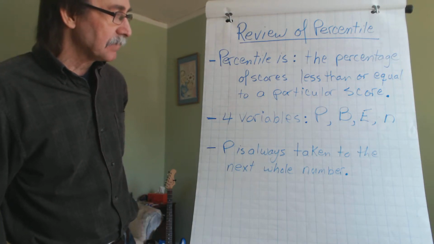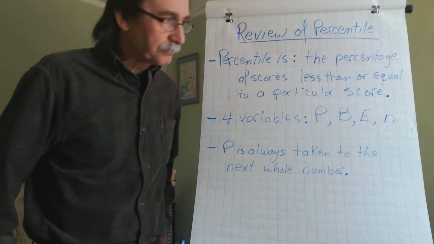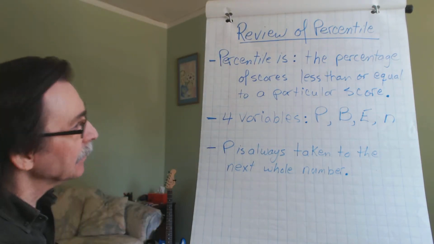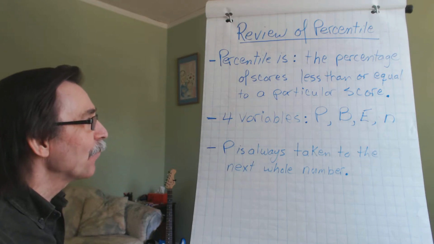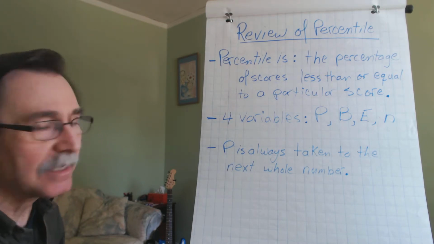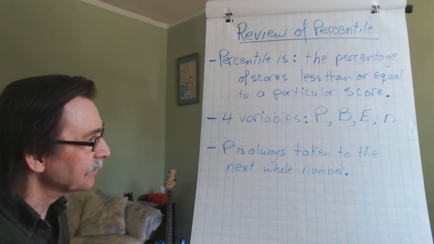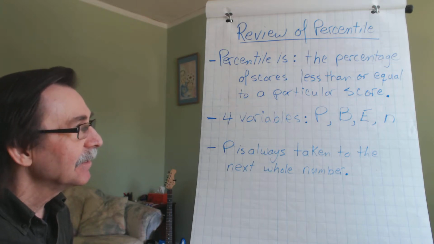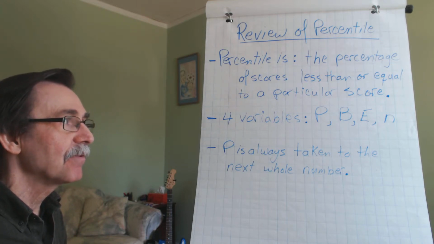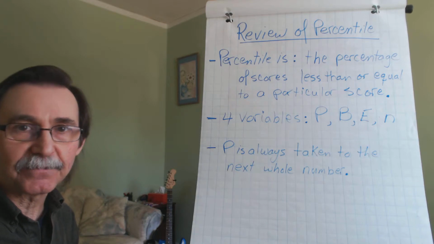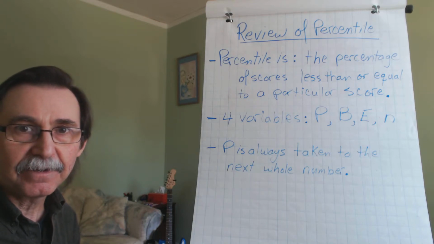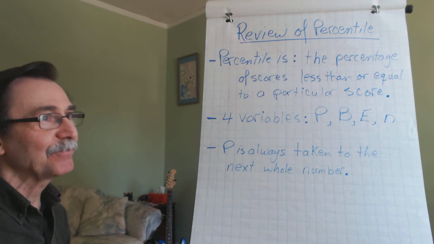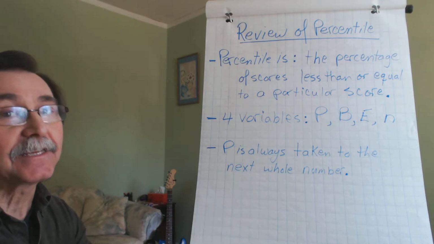And it uses 4 variables, and I'm sitting down now, as you can see. 4 variables: P, B, E, and N, where P stands for the percentile, B stands for the number of scores below a given score, E stands for the number of scores equal to the given score, including the given score.